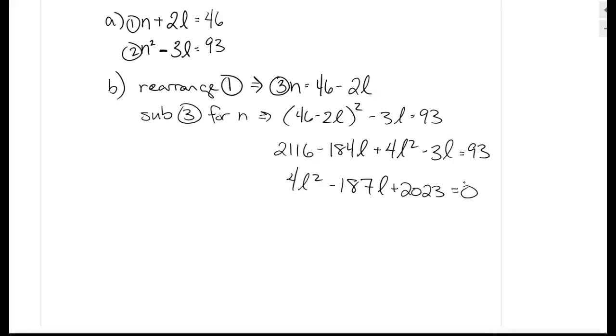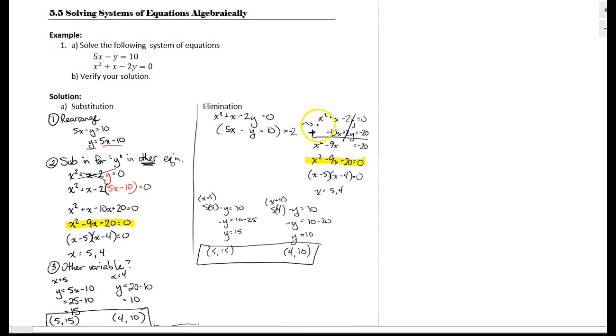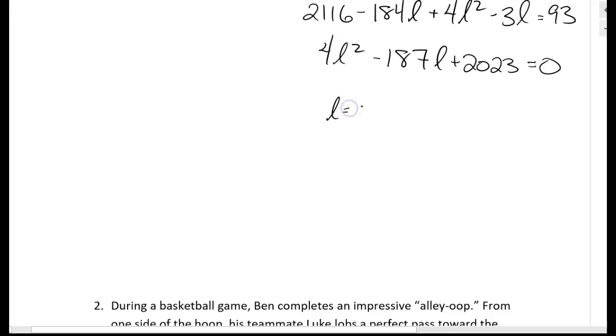Okay, so I'm dealing with some pretty ugly numbers here, like they're huge. So I'm going to use my quadratic equation because there's no way I'm messing about with this and finding my l. So l equals negative b plus or minus the square root of b squared minus 4ac, all over 2a. In this case, that's going to be negative negative 187. And again, I'm doing all my brackets and everything to make sure I include all my signs properly.